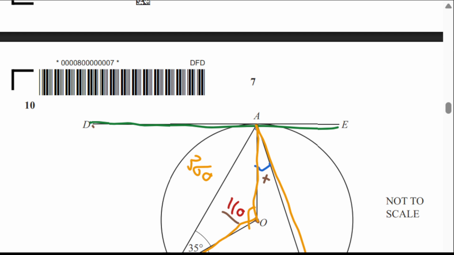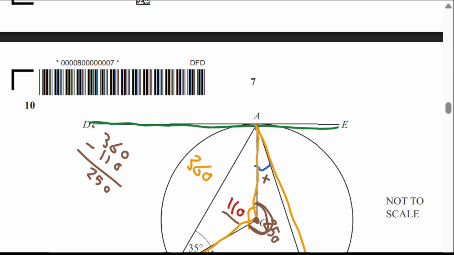Now we know three of them already. We know this is 55, we know this is 40, and we can tell what this is. Because the 110 plus this angle here make 360. So if I do 360 minus 110, I'll get 250. That means this angle here is 250.